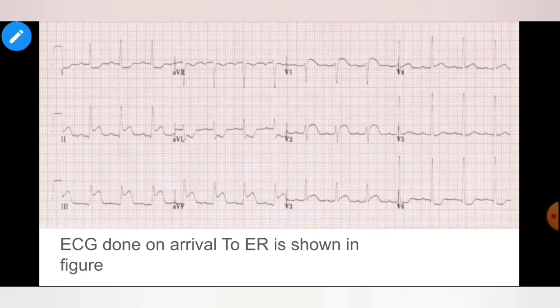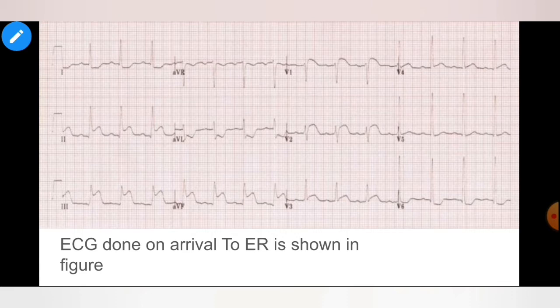If the QRS complex in lead 1 is positive while in aVF it's negative, then that is possible left axis deviation. While if the QRS complex in aVF is positive while it's negative in lead 1, then it is right axis deviation. And if QRS complexes in both lead 1 and aVF are negative, then this is extreme axis deviation. So here you can see QRS complexes are both positive in lead 1 and aVF, so it's a normal axis.